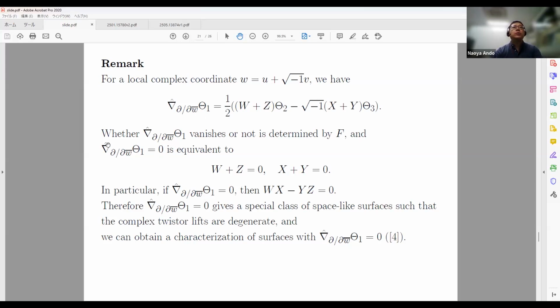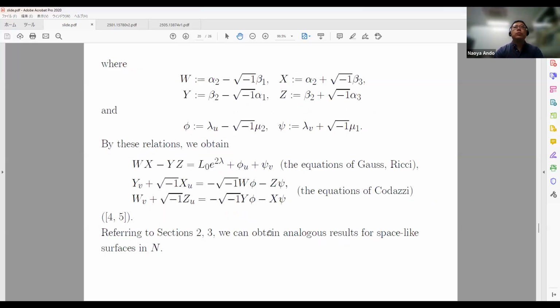And this condition, we easily see from this relation, is equivalent to this relation. In particular, if this covariant derivative vanishes, then this holds.